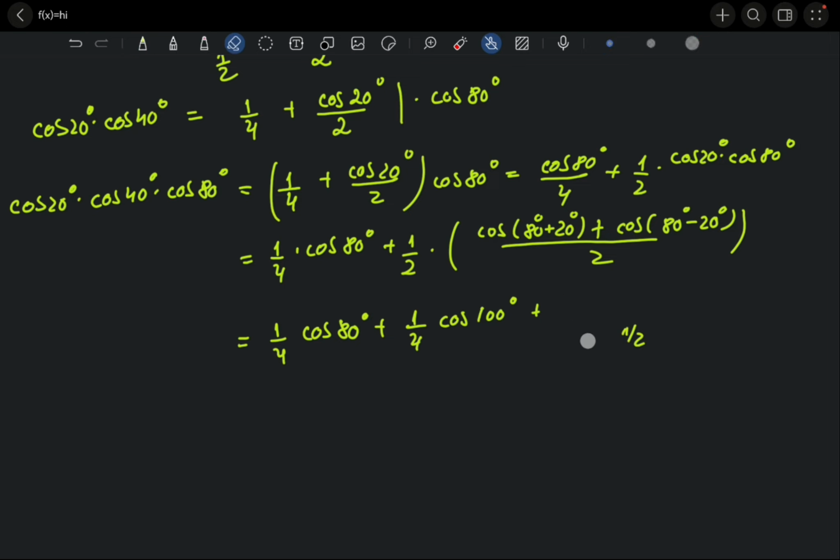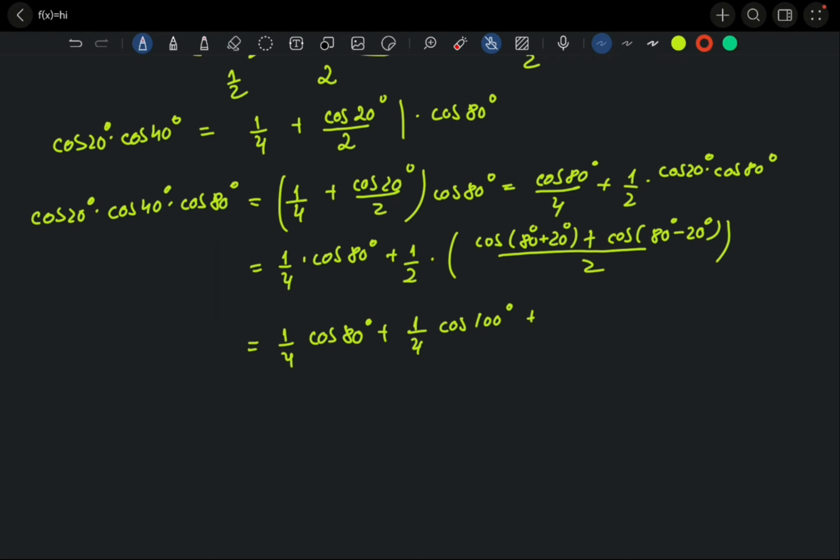So the last term will be equal to 1/2 times a quarter, which is equal to 1/8.